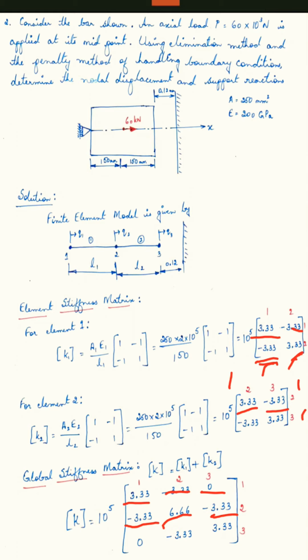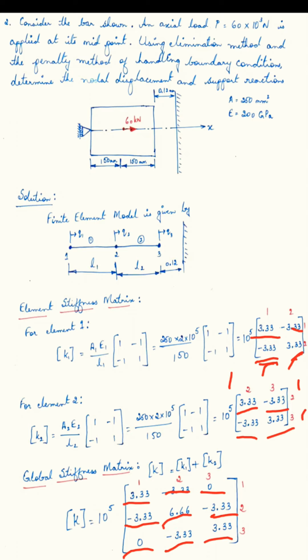For first column, third row, there is no element, hence it is 0. Second column, third row, minus 3.33. Third column, third row, it is 3.33. So this completes the formulation of global stiffness matrix.